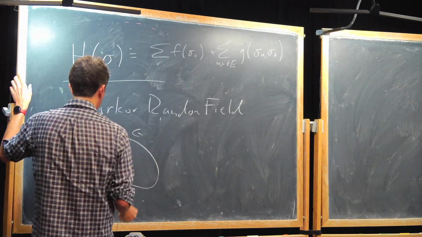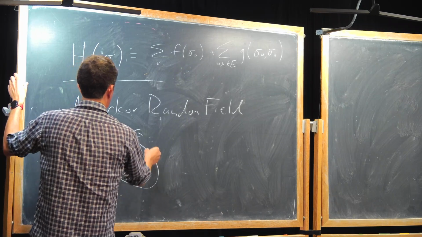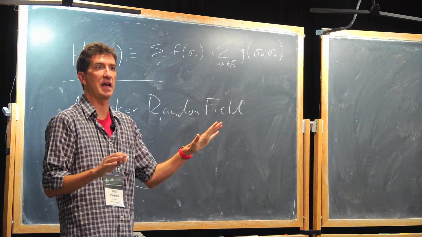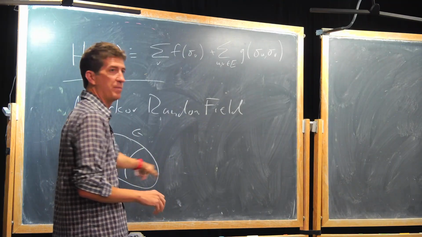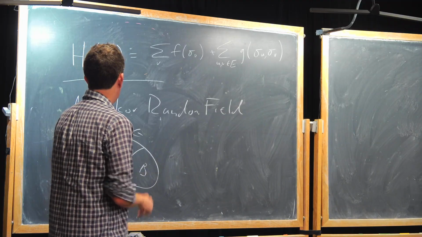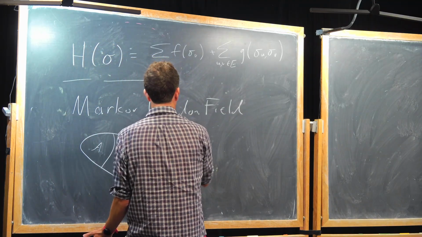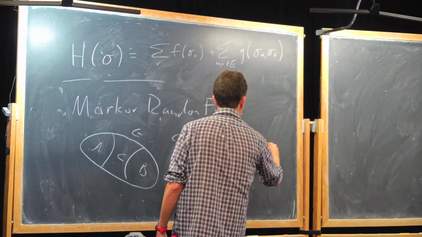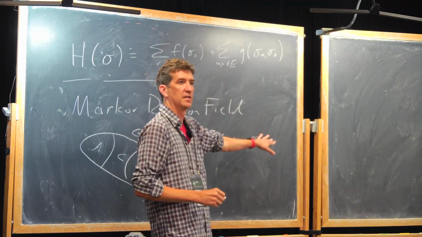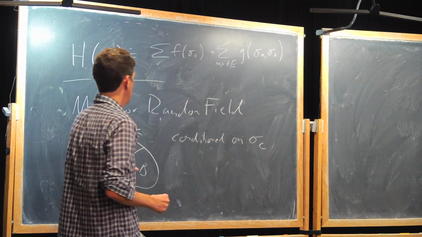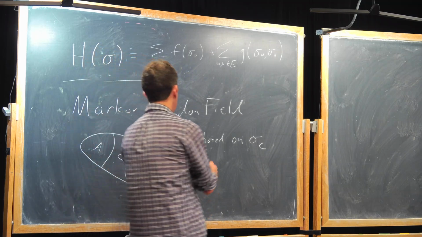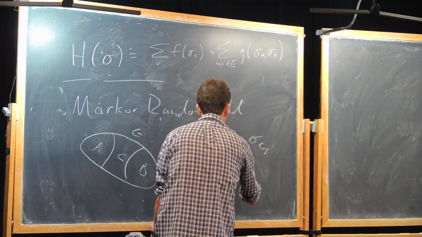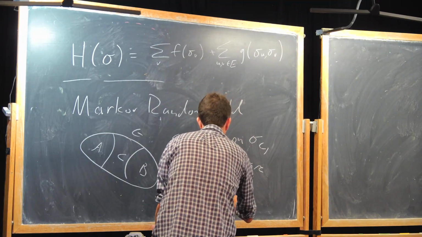Here's your graph, and here's a set of vertices A, here's a set of vertices B, and here's a set of vertices C that separates A from B. So to get from a vertex in A to B, you have to pass through C. The Markov random field property says that if we condition on sigma C, meaning the spins that live in the vertex set C, then the spins in A and the spins in B are independent.